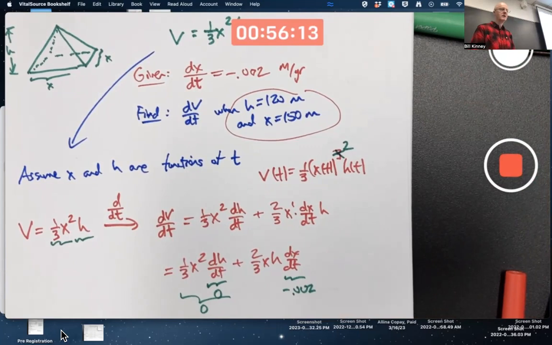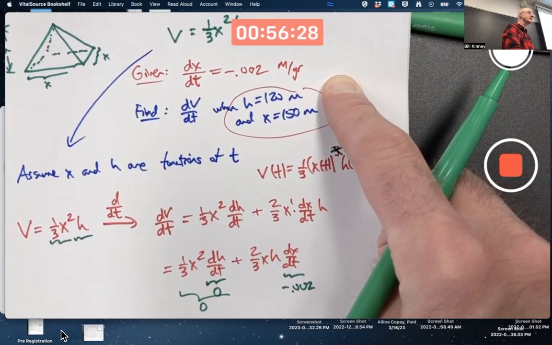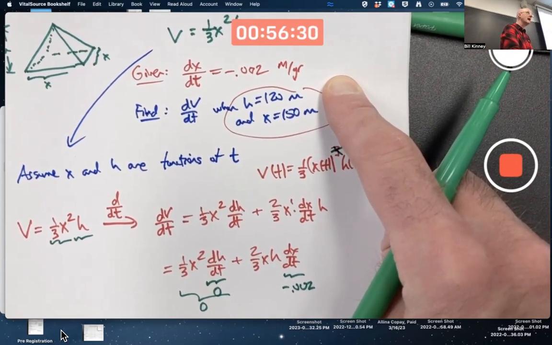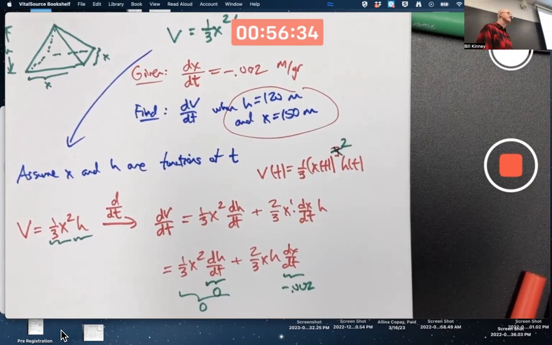Is it always negative 0.002 or only at this moment in time when the height is 120 and the base is 150? They don't say it, but it wouldn't matter. It could be a constant derivative for all time, or just a derivative at this moment in time, and you're not saying what the moment in time is. That's okay. It's now, whatever now is.